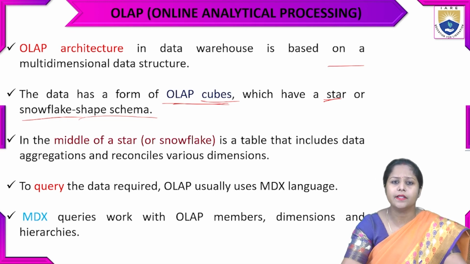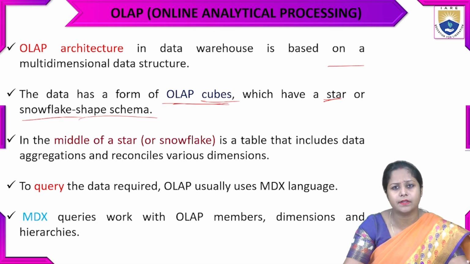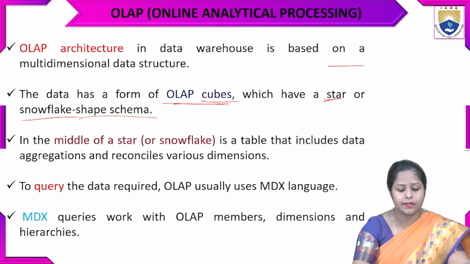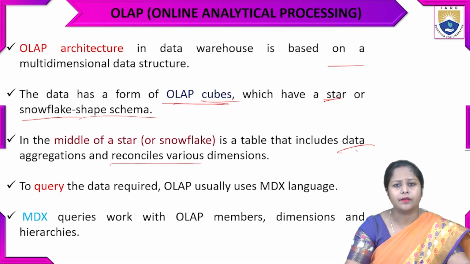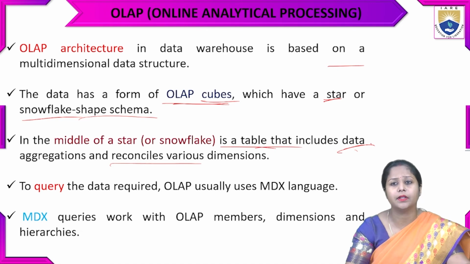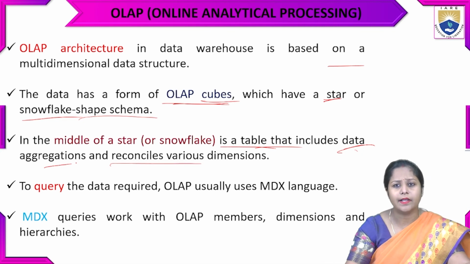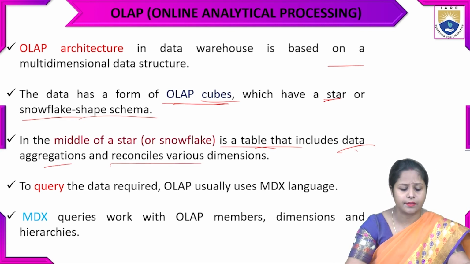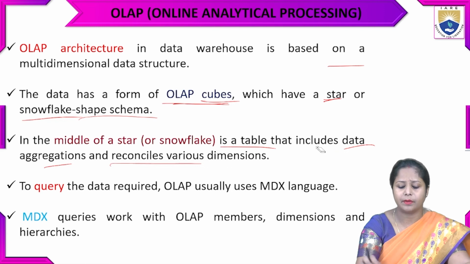When we look at the high dimensional view of this schema, that will be a table that includes the data aggregation and reconciles the various dimensions. So when we have the wide view of that, we can see it is in the form of a table.